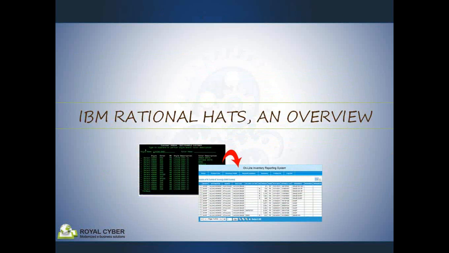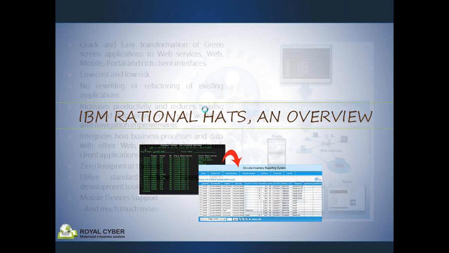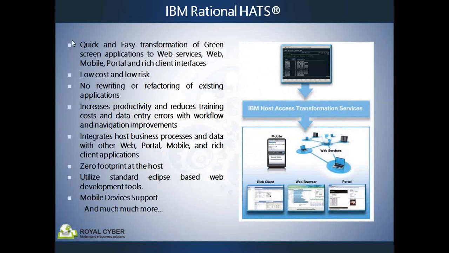Now we will give you a brief understanding of the IBM Rational HATS tool, what you can accomplish using HATS. Rational HATS is a premier IBM product suite that is inarguably the best tool for presenting old green screen applications built on IBM i and Z servers, and it performs this transformation very quickly and of course efficiently.